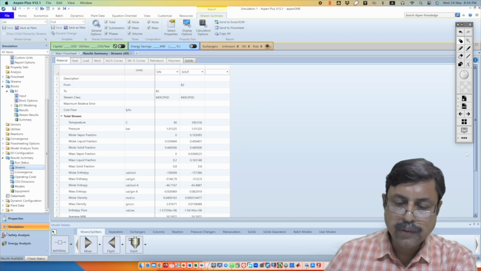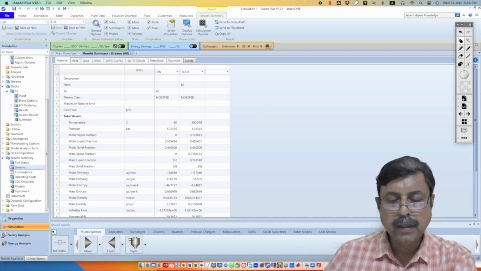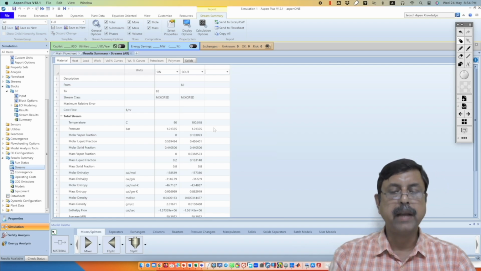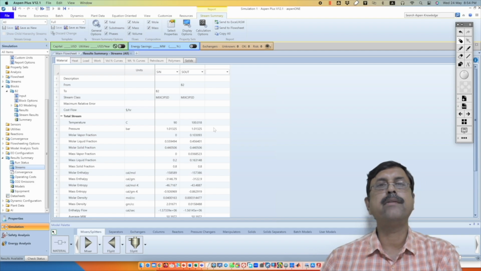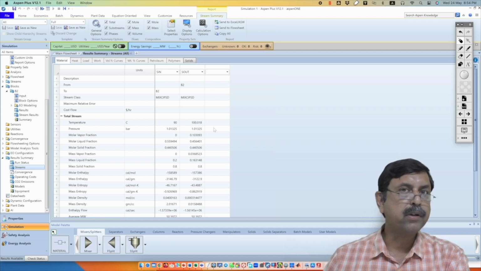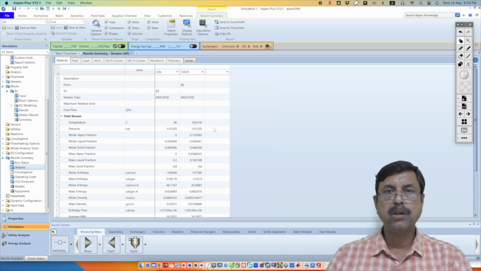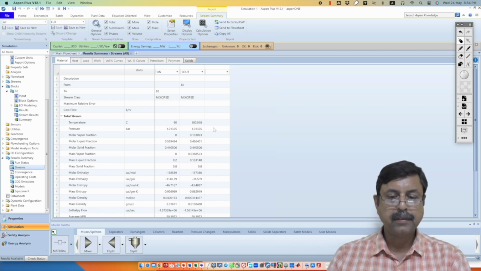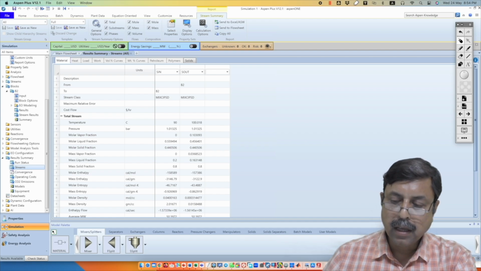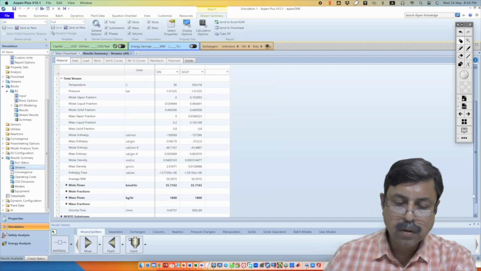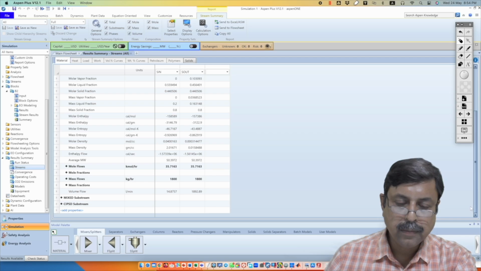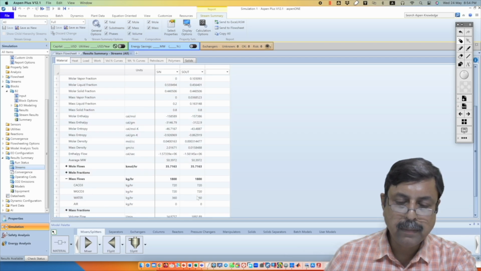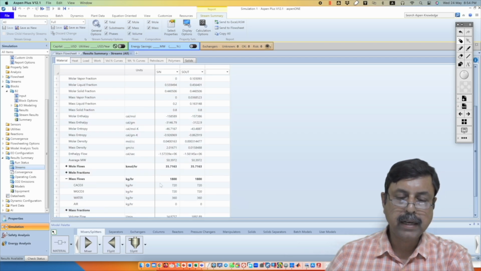Now, if you see, there is an increase of temperature from 90 degrees centigrade to 100.018 degrees centigrade because of the 50 kilowatt of heat duty that we have provided. So this temperature increase is the result of that. Now, if you go further down, your mass flow will be same, right?